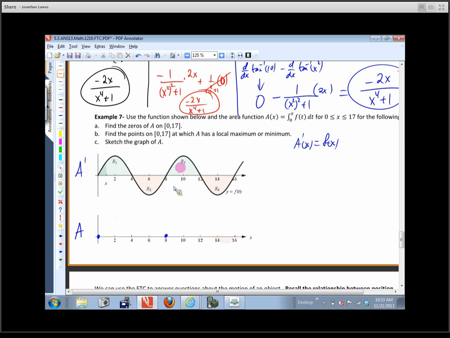Then I start adding up positive area again. Then I start subtracting area until I get to right here, and then I end up at 0. So what are the zeros of A? 0, 8, and 16. That's where the area function equals 0.